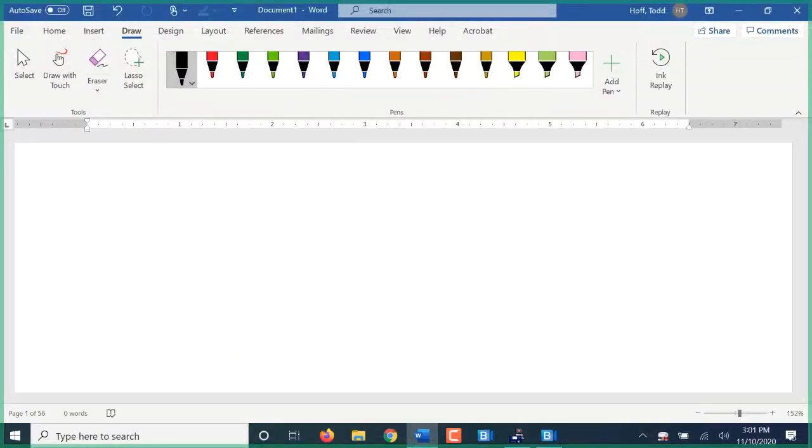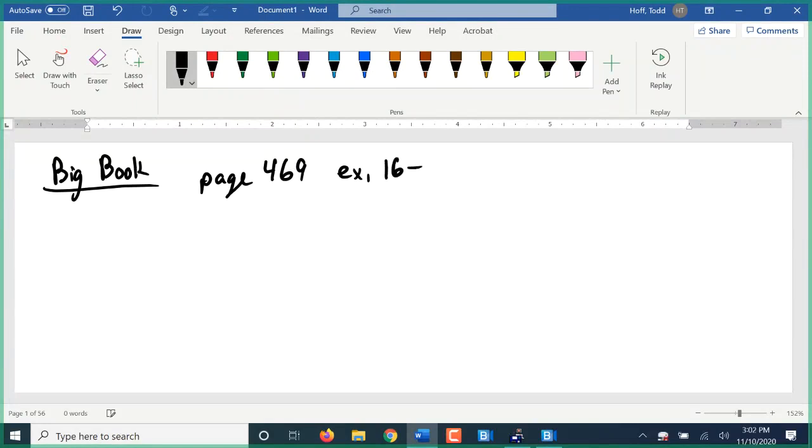So for right now, I want you guys to work on graphing in the big book. Page 469, exercise 16-6.